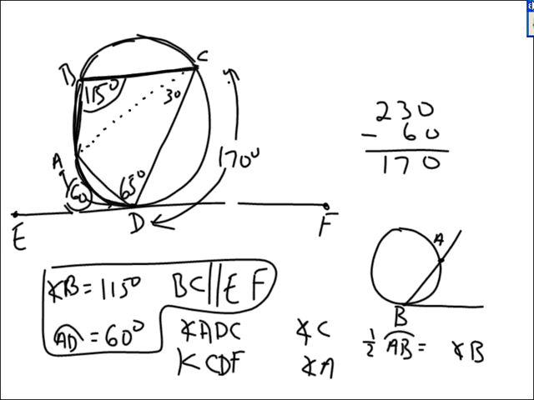Now, I know my tangent arc. I have the tangent line, and right at the point of tangency, I have a chord. This angle is going to be half of this arc. That angle is 85 degrees.